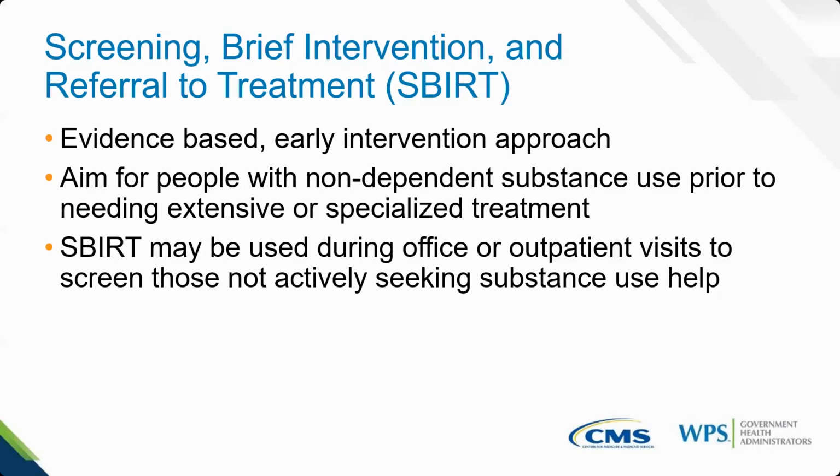So you're getting them early, before it's a full-blown, deep-seated issue that's a lot more difficult to overcome. SBIRT may be used in office or outpatient settings, and during those visits to screen those that are not actively seeking substance use help. So it doesn't only have to refer to those that are currently looking for treatment. It can be done across the board.